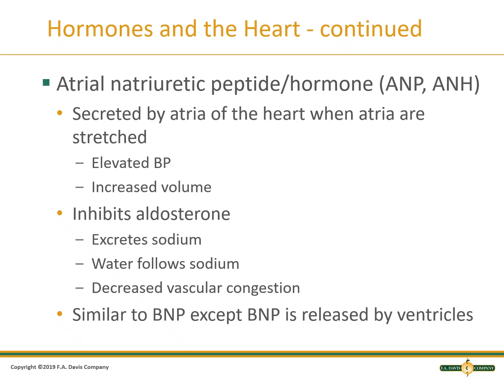Atrial is in reference to the upper chambers of the heart, and this is abbreviated usually ANP or ANH, depending on whether you call it a peptide or a hormone. This atrial natriuretic peptide is secreted by the atria of the heart when there is an elevated blood pressure or there is increased volume that stretches your atrial walls.